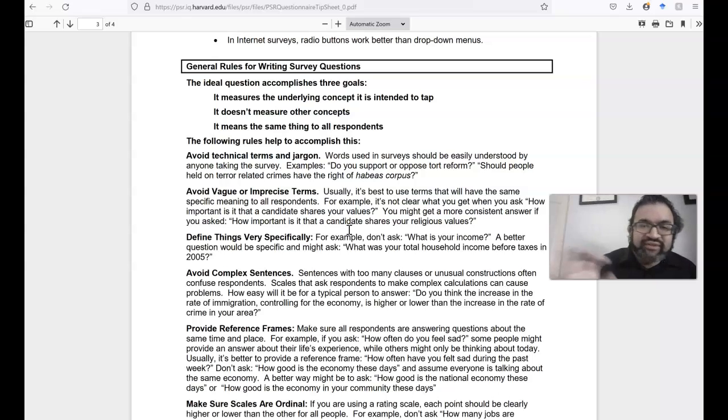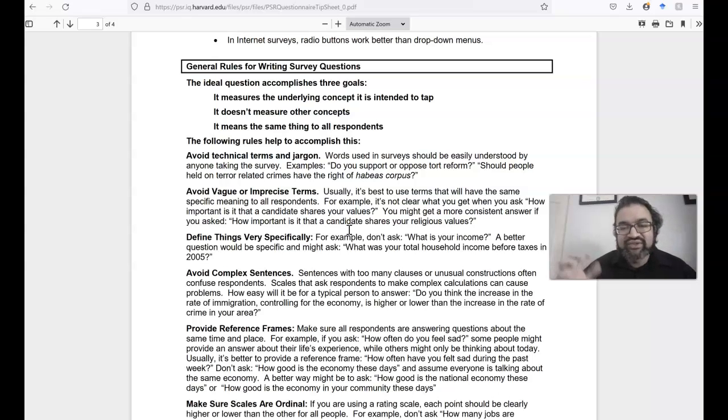And so avoid very technical terms, jargon, people don't understand. And then at the same time, avoid vague or imprecise terms. So it's not clear what you get when you ask how important it is that a candidate shares your values. It might be more consistent for you to ask how important it is that a candidate shares your religious values, because values is too vague.